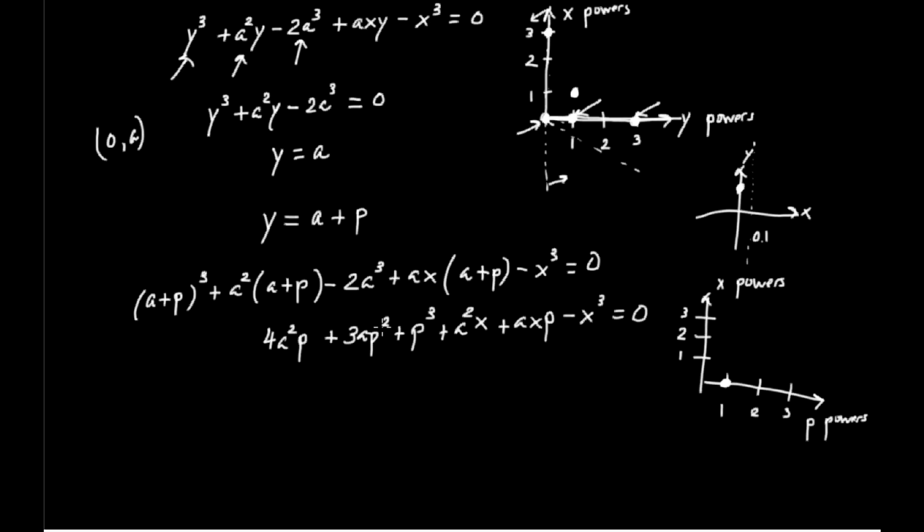Here I see that it's 2 powers in p only. This is 3 powers in p only. This is 1 power in x only. This is 1 power in x and p, so it's going to go right there. And this is 3 powers in x.